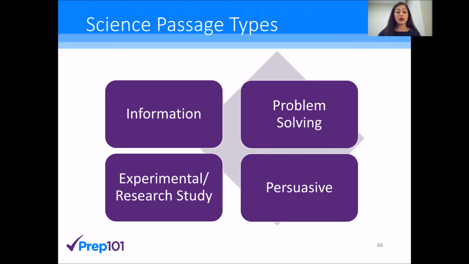And then the last type of passage is the persuasive passage. This is where they're really trying to understand and evaluate whether you have valid understanding of the viewpoints. So they may posit opposing theories about some sort of cell theory tenet.